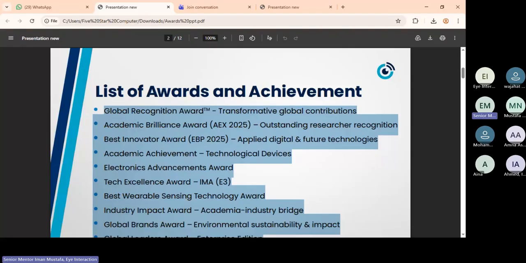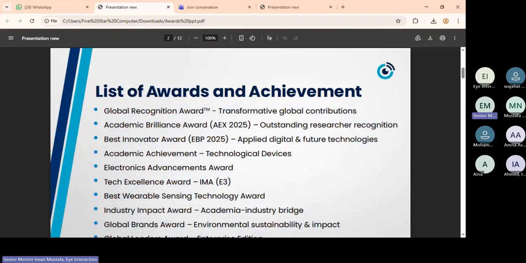You need to choose awards based on your strength and your domain, the domain in which you are doing research or making your projects, right? So these are the broader categories. You can find the list of awards and achievements using this list. I'll share a PPT also.